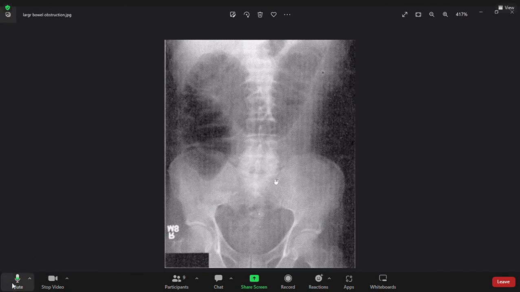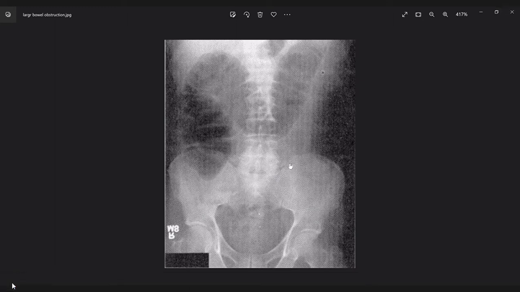Yeah, it's an abdominal, supine abdominal film. Showing what? That's right. Where's the obstruction? Proximal descending, because you see the colon here and then it disappears right here.